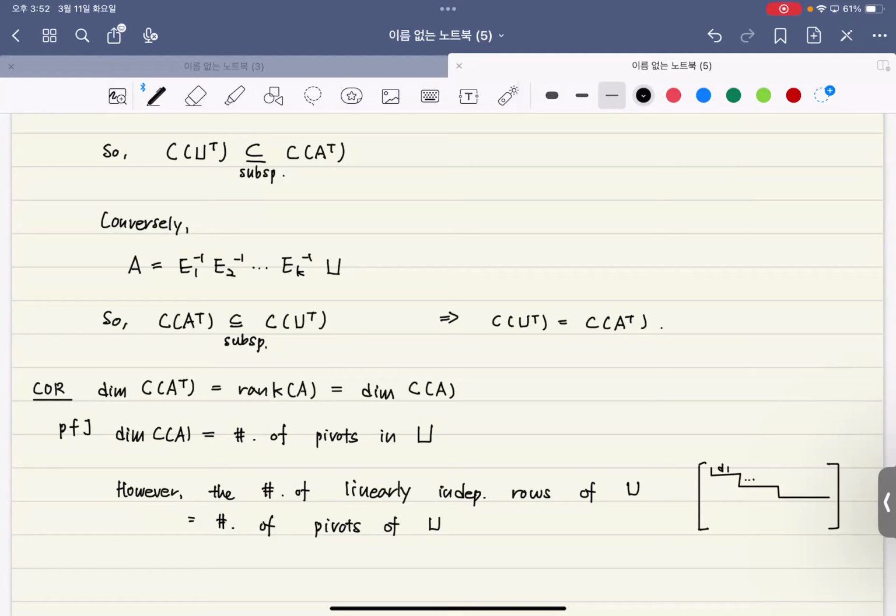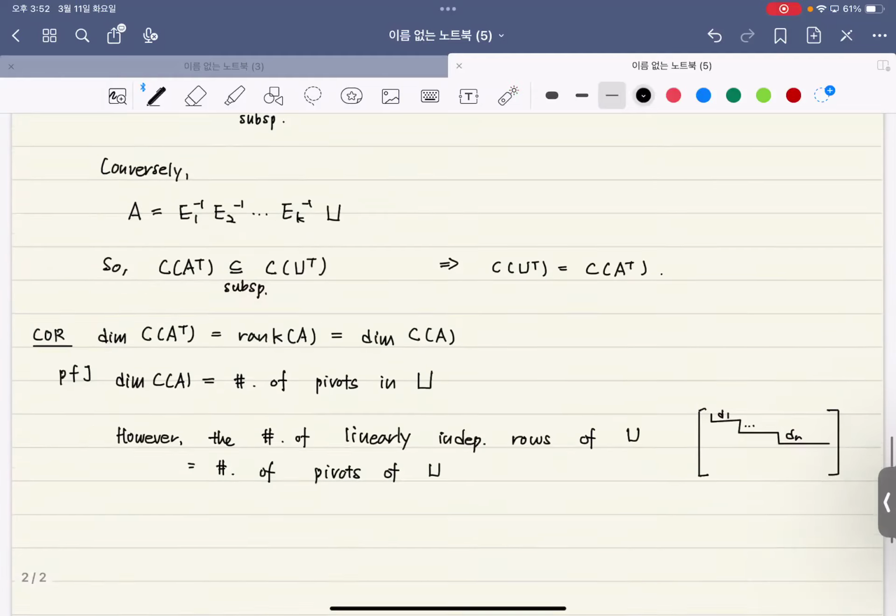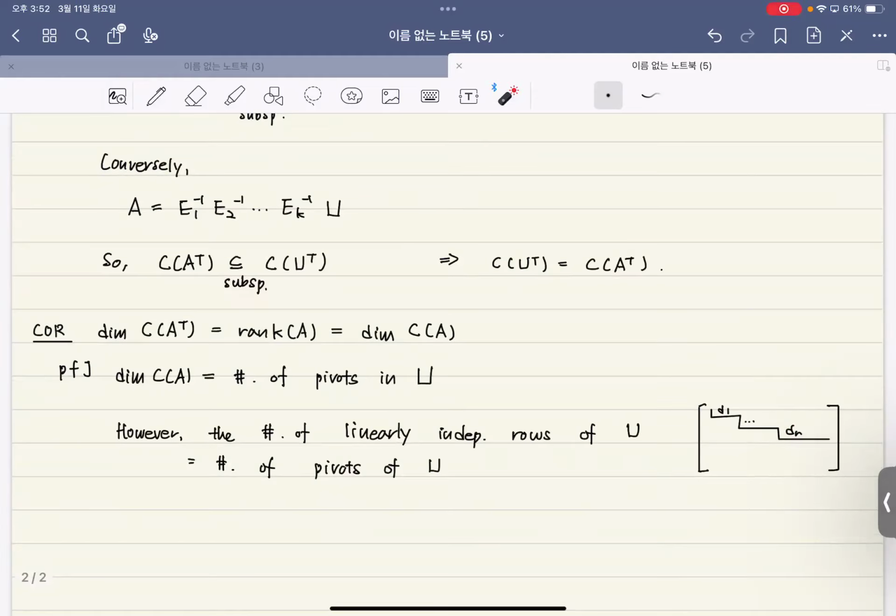So I have precisely R many independent rows from matrix U.